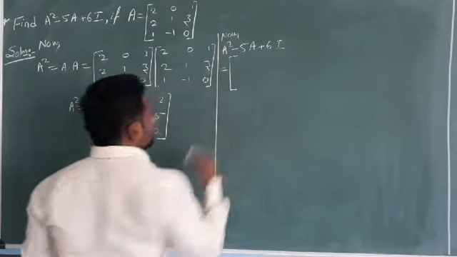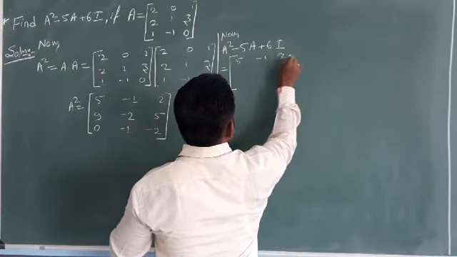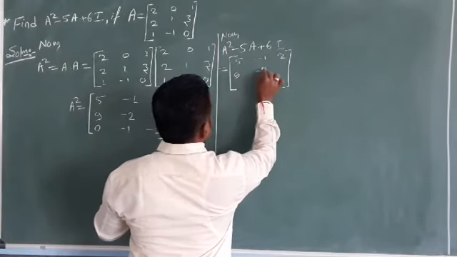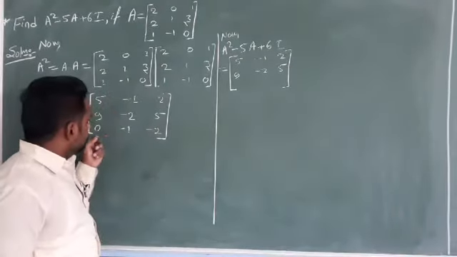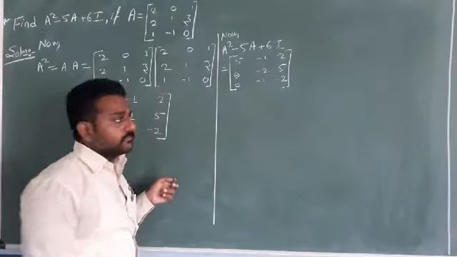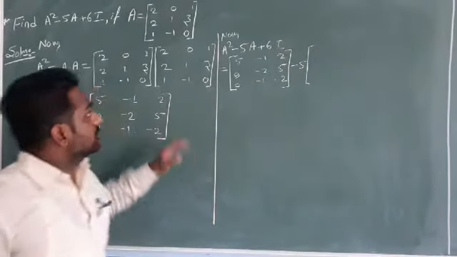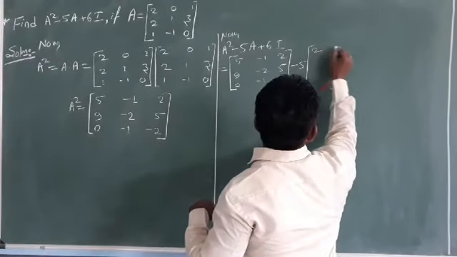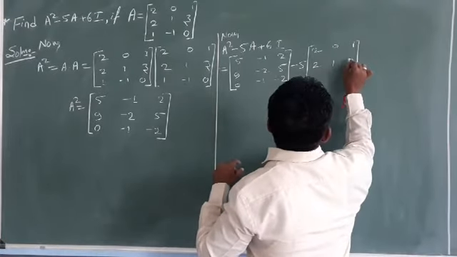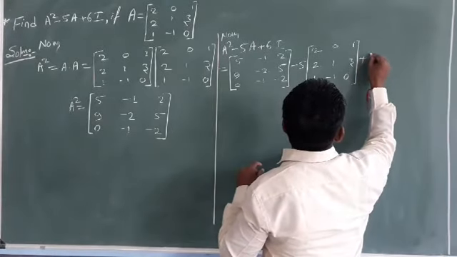A square we have already obtained: 5, minus 1, 2; 9, minus 2, 5; 0, minus 1, minus 2. It is the A square value minus 5 into A. What is the given matrix A? 2, 0, 1 are the first row elements, 2, 1, 3 the second row elements, and 1, minus 1, 0 the third row elements.